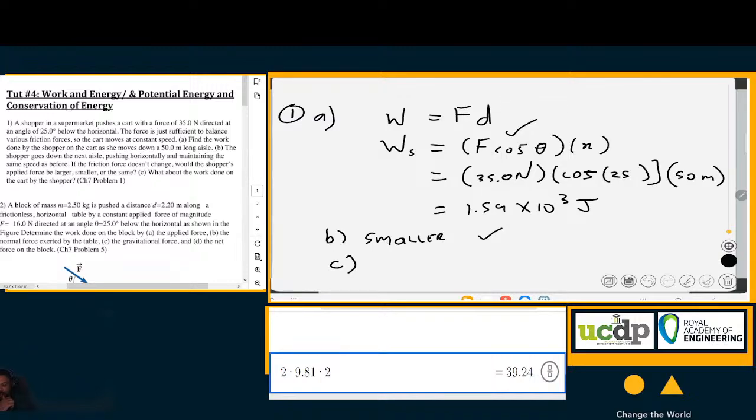It's no longer a fraction of 35 newtons, it's the full 35 newtons, which means the work done now is more. But we've already established that the force is smaller.